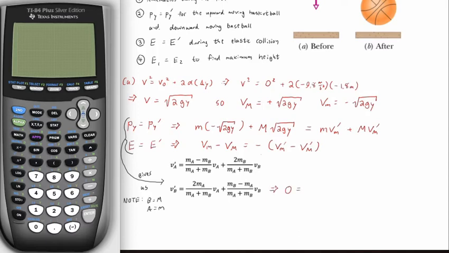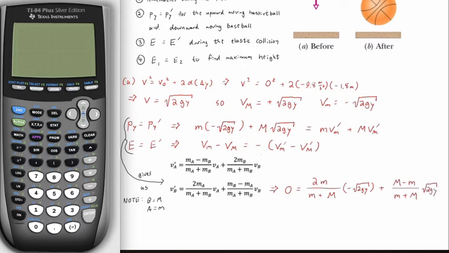So we're going to have a 0 right here, and then this is going to be 2 little m over little m plus big M. And then VA is little m, so that's negative square root of 2gy, and then plus big M minus little m, all divided by their sum again, sum in each of the denominators, and then the initial velocity of the basketball, of big M, which is positive 2gy.